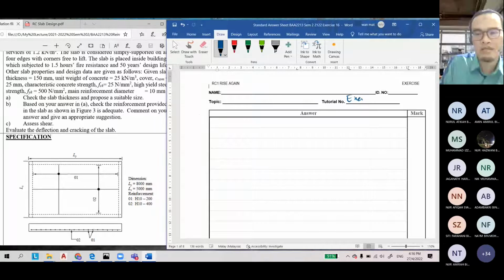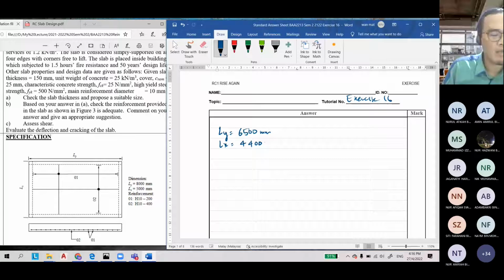So, exercise number 16. In this exercise, Ly is equal to 6,500 millimeter. Lx, the shortest side, is 4.4 meter. The permanent load without the self weight is 1.5 kilonewton per meter square.